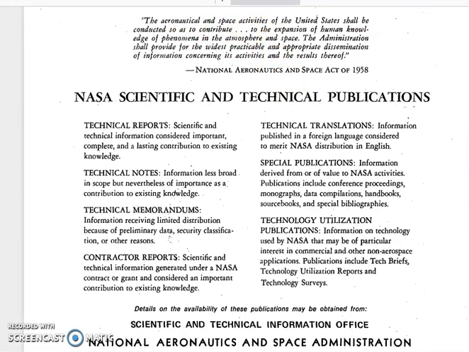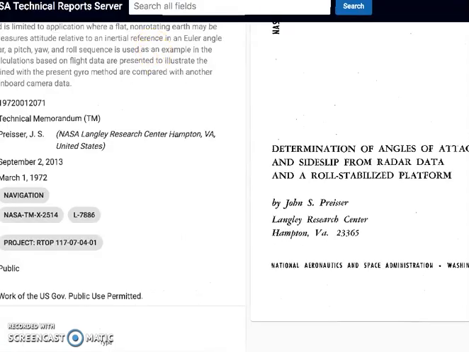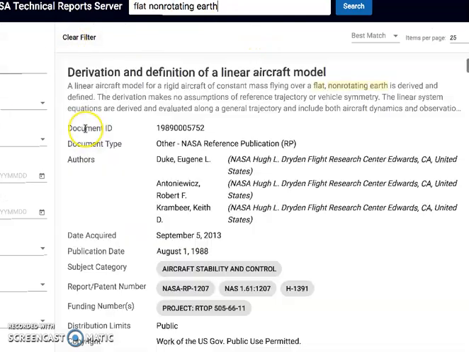So let me go back to here. Maybe I can type in flat, non-rotating Earth on here and see if it shows anything. A linear aircraft model for rigid aircraft of constant mass flying over a flat, non-rotating Earth is derived and defined.